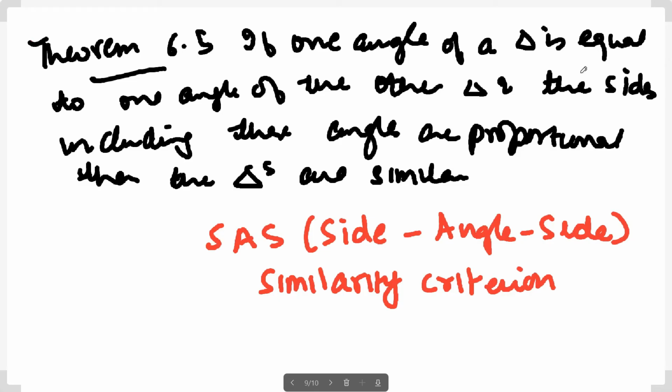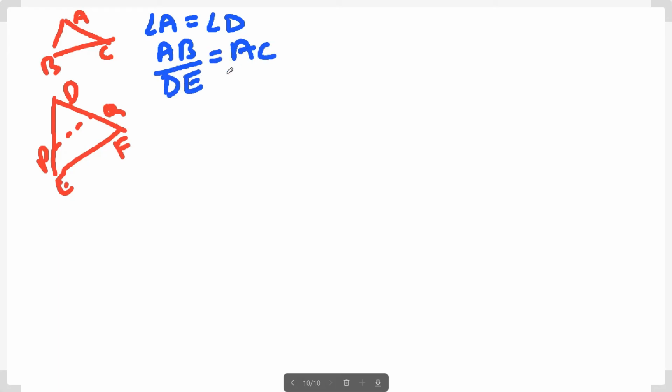This is known as the SAS, side angle side similarity criterion. In short, it says that angle A is equal to angle D, and AB by DE is equal to AC by DF.